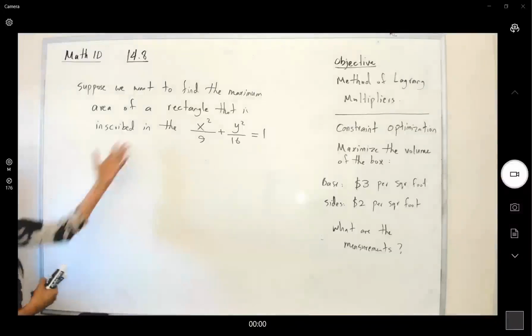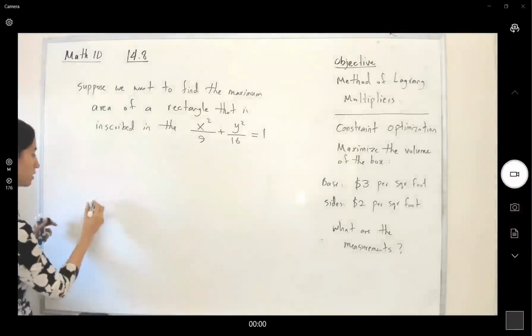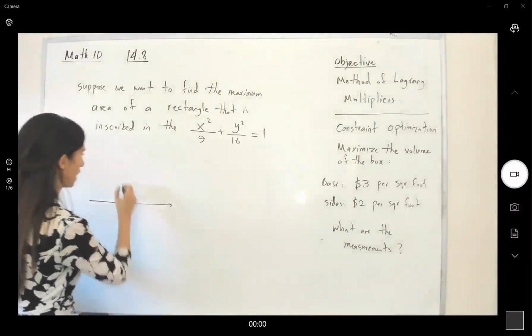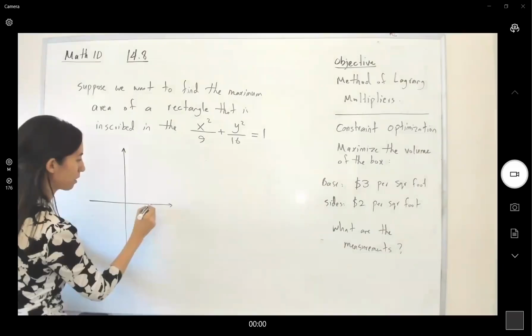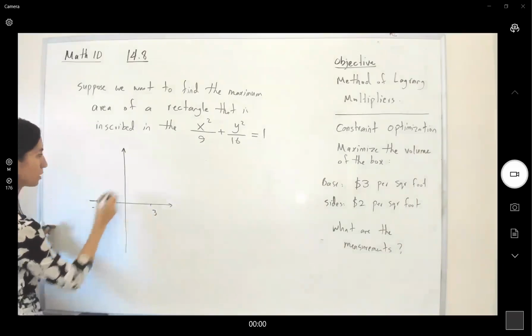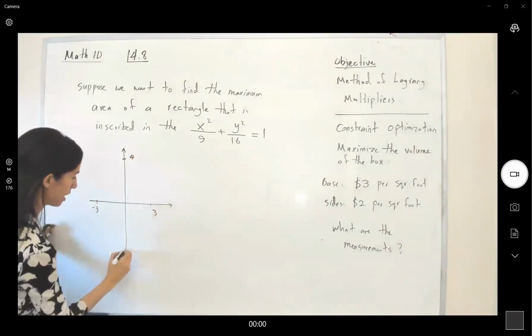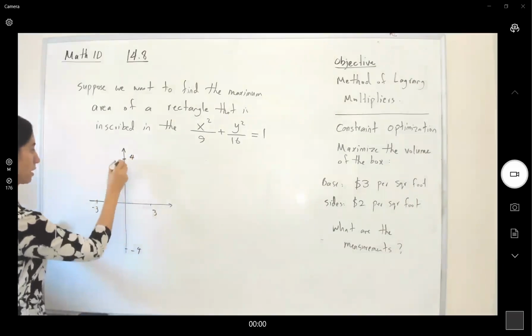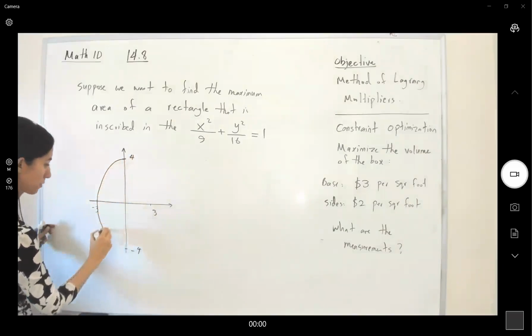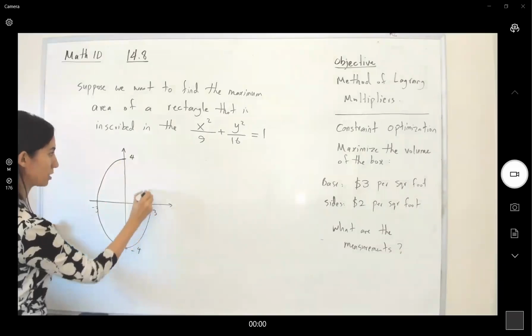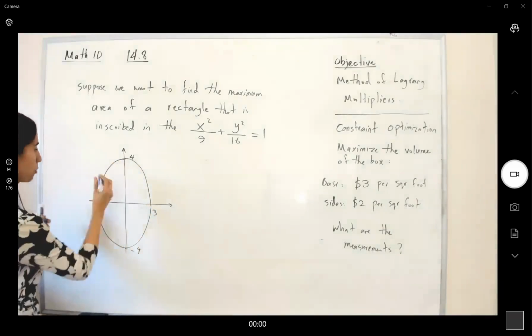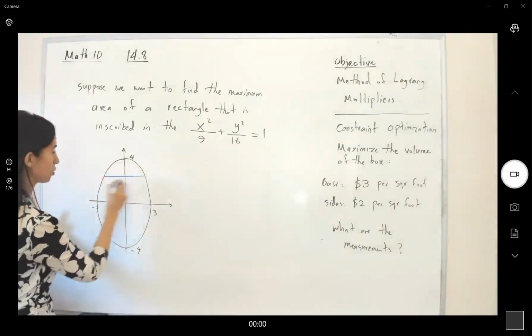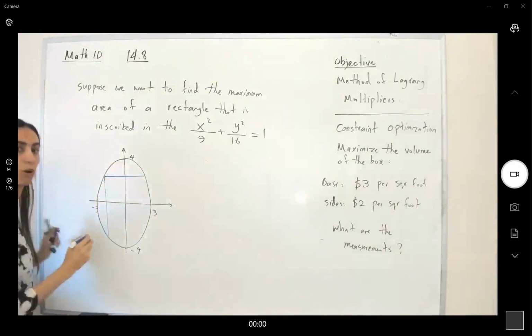Well, let's take a look at the graph. Here we have the x-axis, here we have our y-axis. For our ellipse, 3, -3, 4, and -4. So let's connect these, and actually we have our ellipse here. And the rectangular shape, suppose that shape is just here. What is our goal?